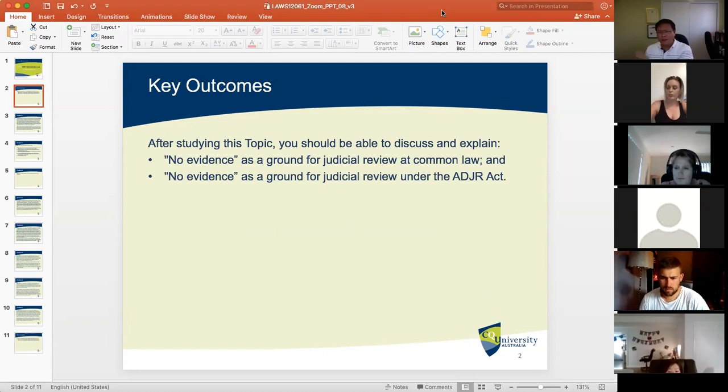But the idea that you should be given an opportunity to be heard, I think it is something that a lot of people would quickly pick on. And in fact, the reality is, the majority of the students, about 90% of the students, did pick up on the topic on natural justice. So we talked about natural justice in weeks 2 and 3, and in fact across most weeks prior to week 6.